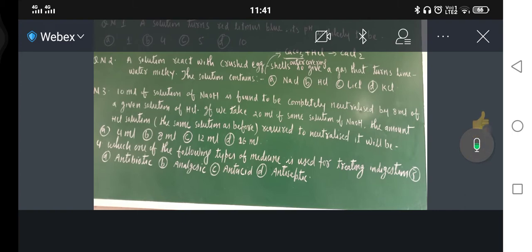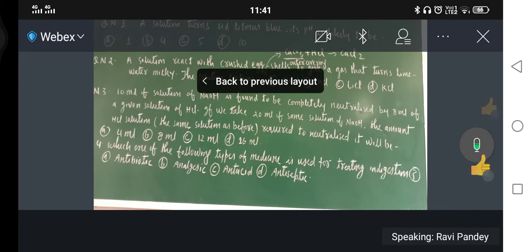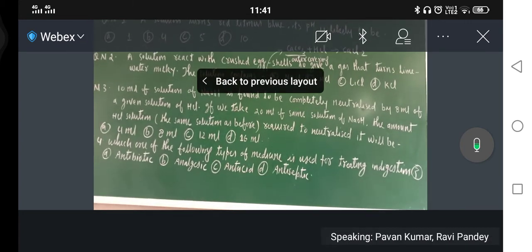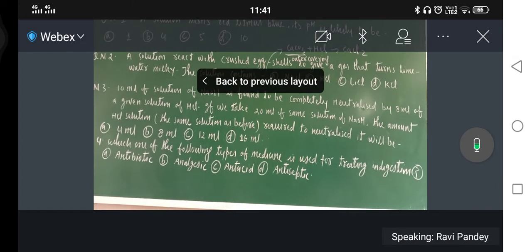Okay, now audible and visible. Hello. Okay, so just see, outer covering means calcium carbonate.